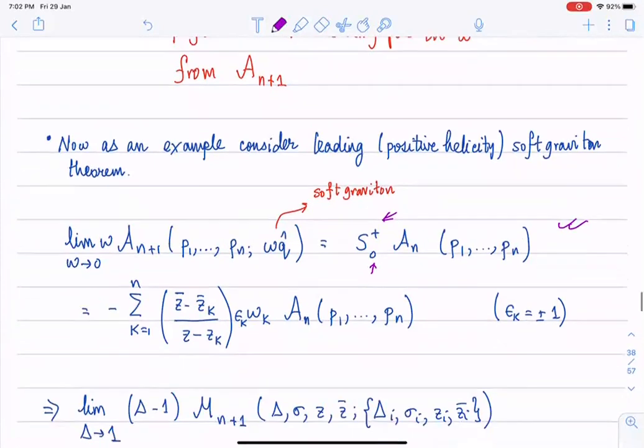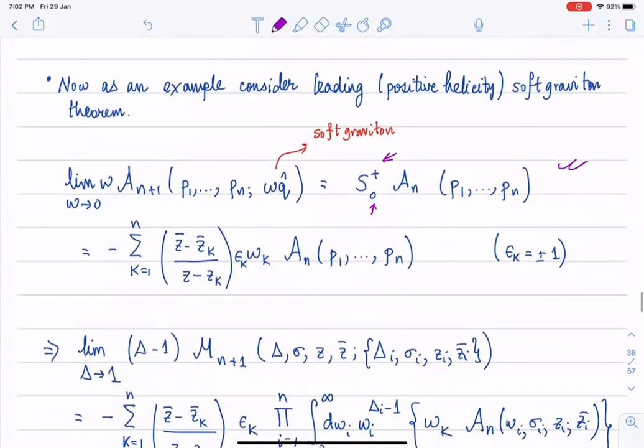So we have that this factorizes in terms of some n-point amplitude without the soft graviton. Now what is useful to do is to write out this soft factor, which is some function of the momenta of the hard particles and the polarization of the soft momentum. You can rewrite it using this parametrization of null momenta, which we have been using all throughout, in terms of the z, z bar coordinates.